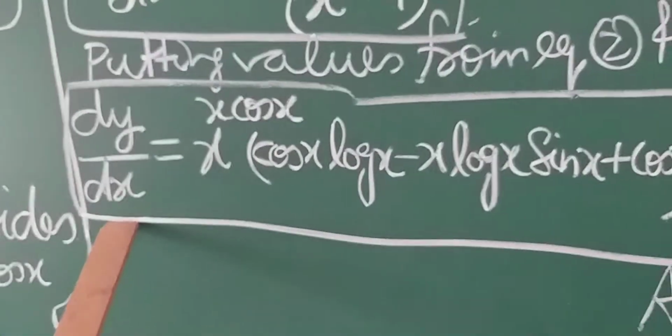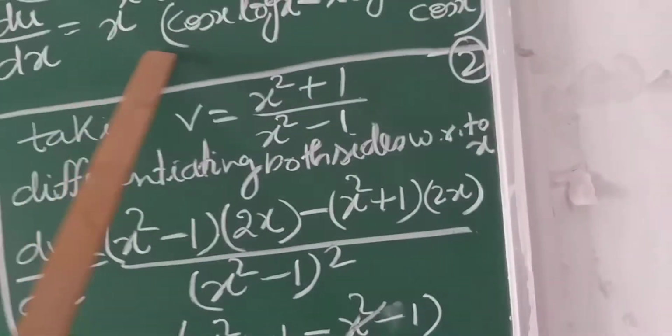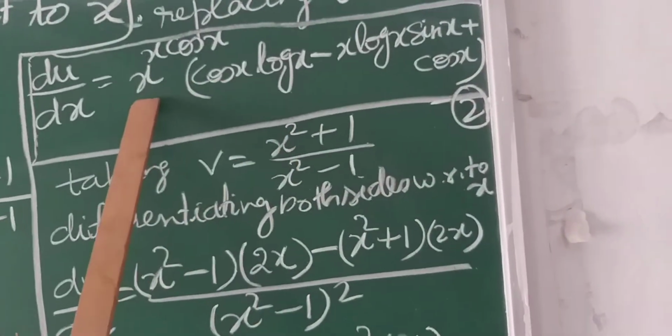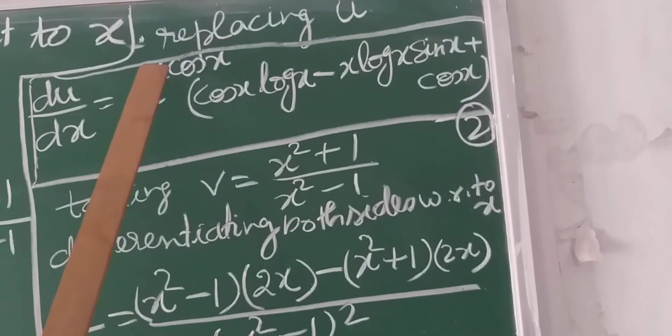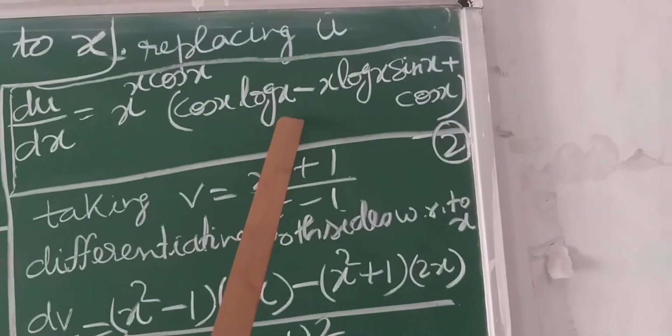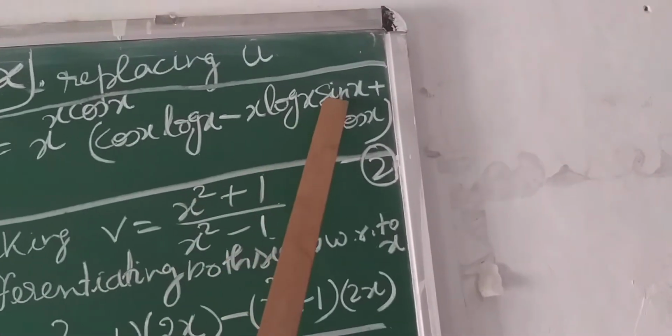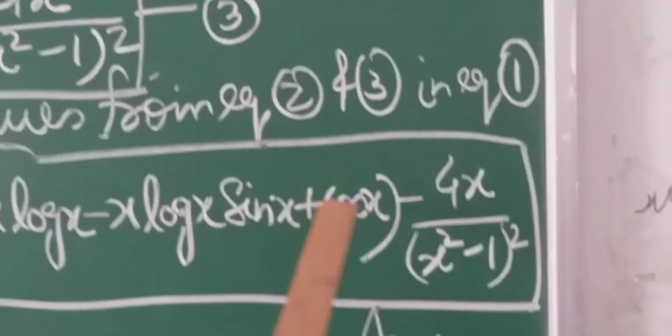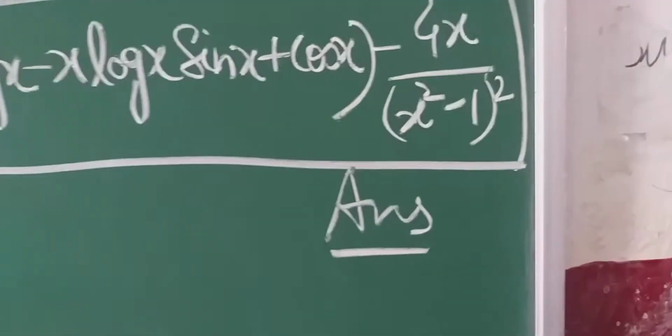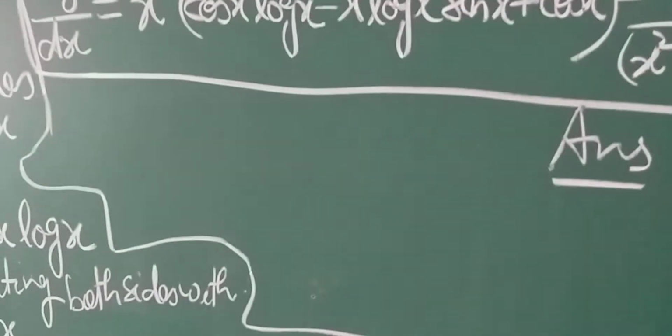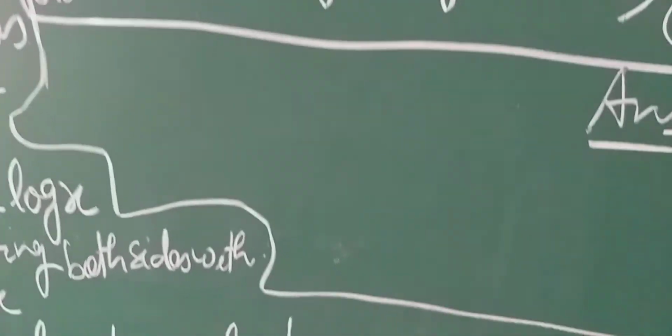So dy upon dx, du upon dx value will become as it is, x to the power x cos x times cos x log x minus x log x sin x plus cos x, and dv upon dx value minus 4x upon x square minus 1 whole square. Okay students, have a nice day.